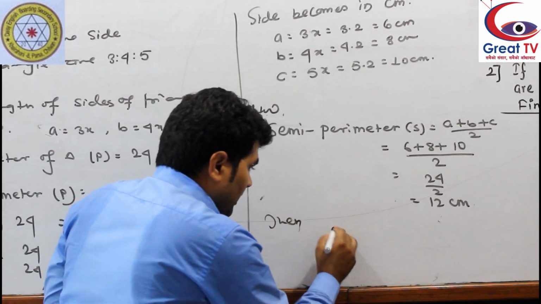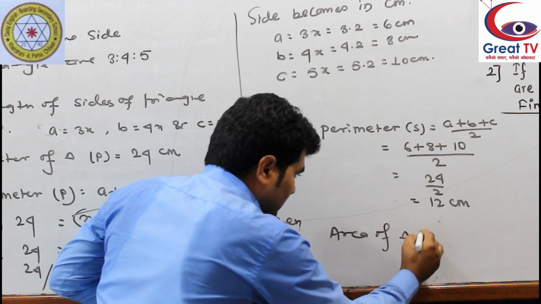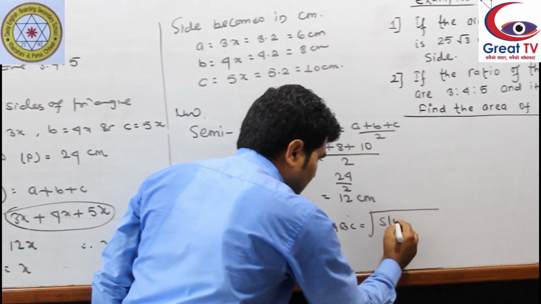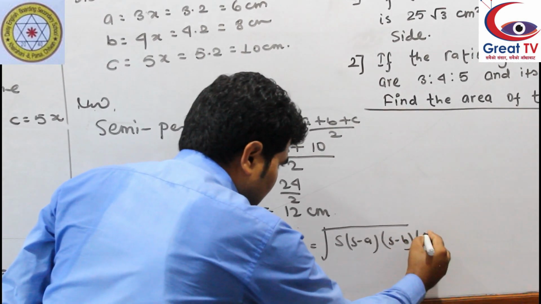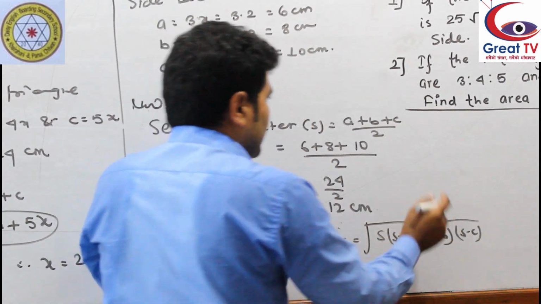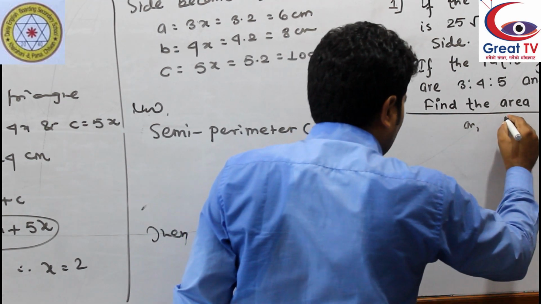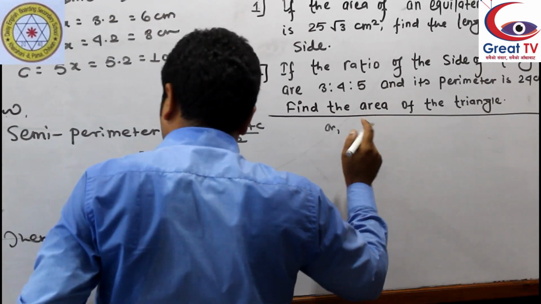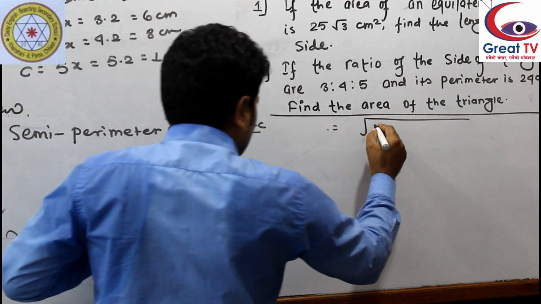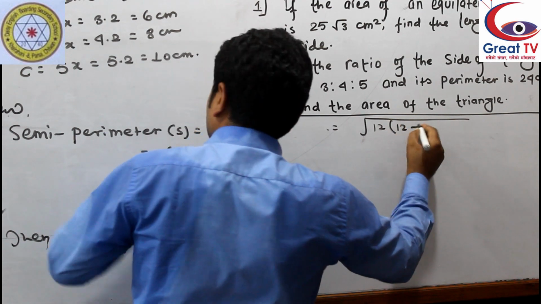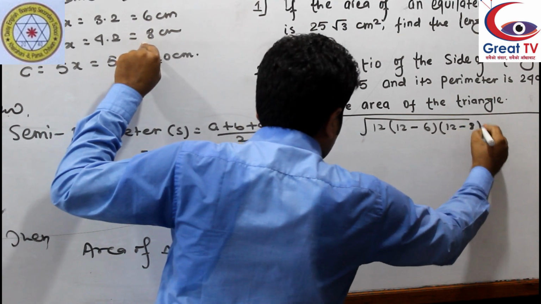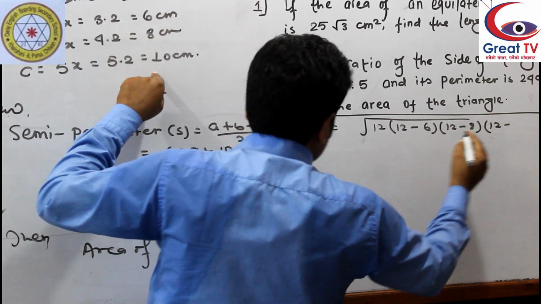Then the area of triangle ABC equal to root under S times S minus A, S minus B, S minus C. Now substitute the values of S, A, B and C. Equal to root under S, which means 12, times 12 minus value of A equal to 6, 12 minus value of B equal to 8, 12 minus value of C equal to 10.